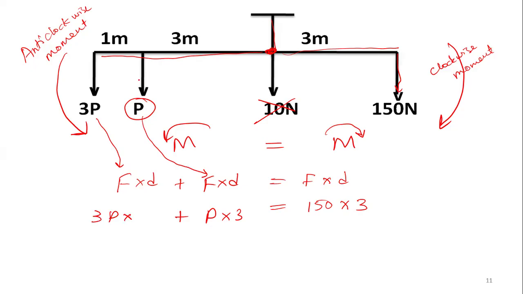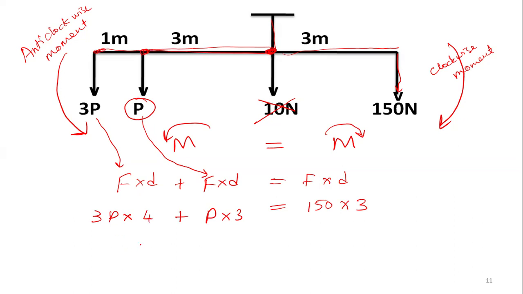In moment, we always take the distance from the pivot point to the force point. From here to here, it was 3 for this force, but now it's from here to here. 3 plus 1, 4. Normally the students make the mistake.